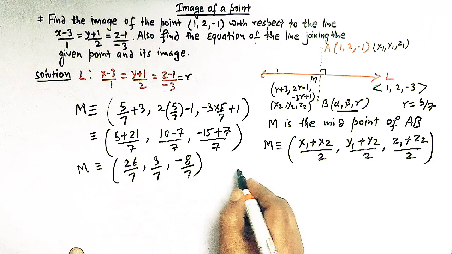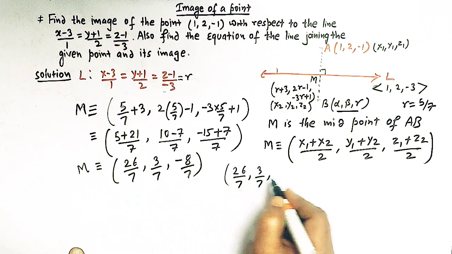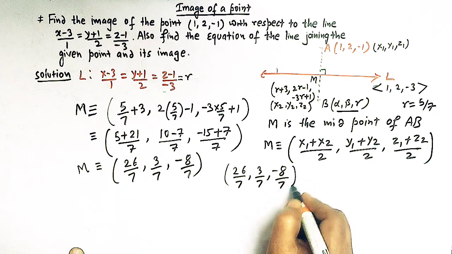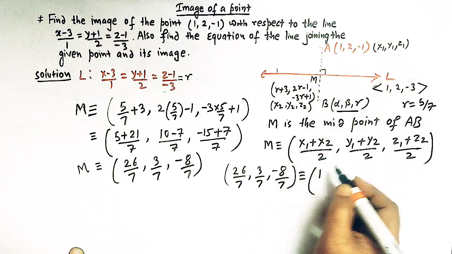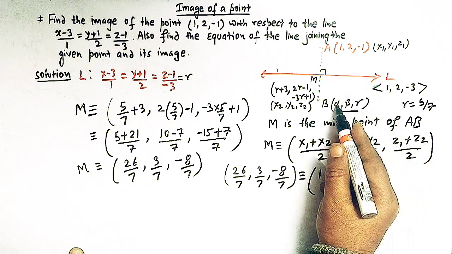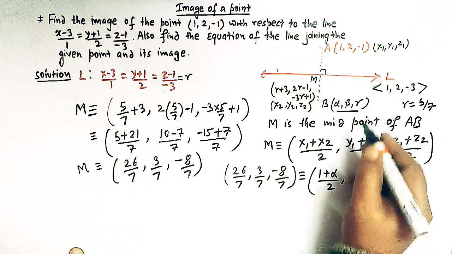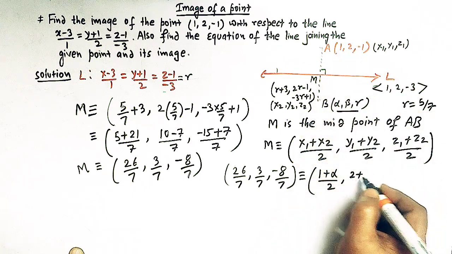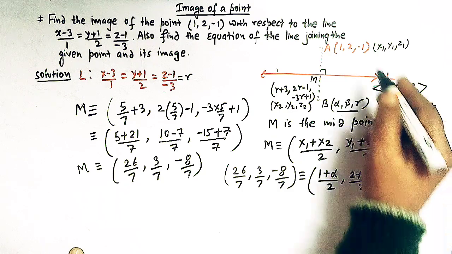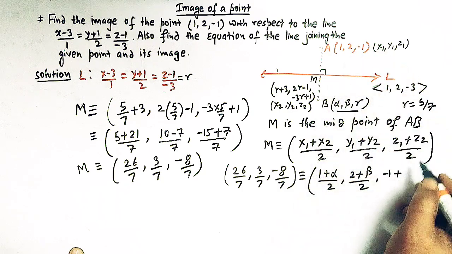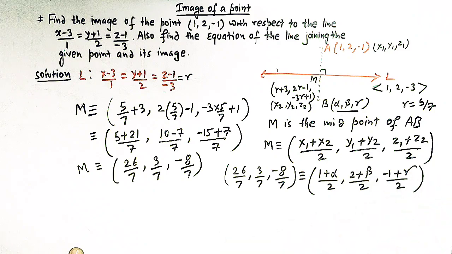And x1 is 1, and x2 is alpha, so we have (1 plus alpha) over 2; y1 is 2, y2 is beta, so we have (2 plus beta) over 2; z1 is minus 1, and z2 is gamma, so we have (minus 1 plus gamma) over 2, right?